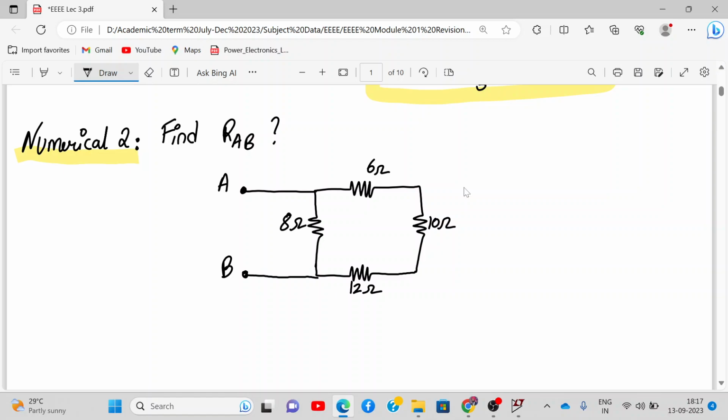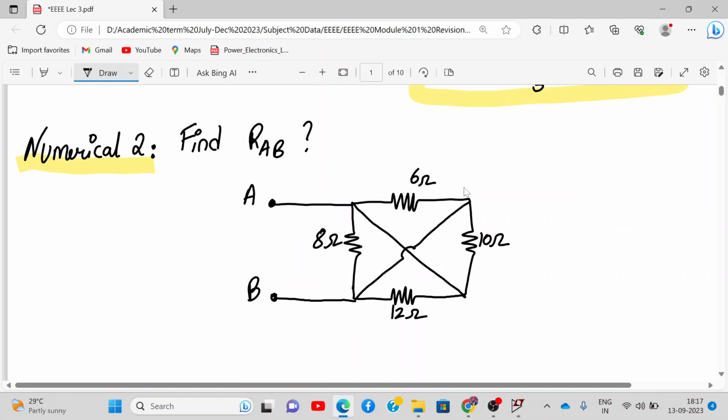Also, two more connections have been done. This diagonal is connected, and this diagonal is connected. Okay, let me draw this properly. All right. So this is the given numerical.